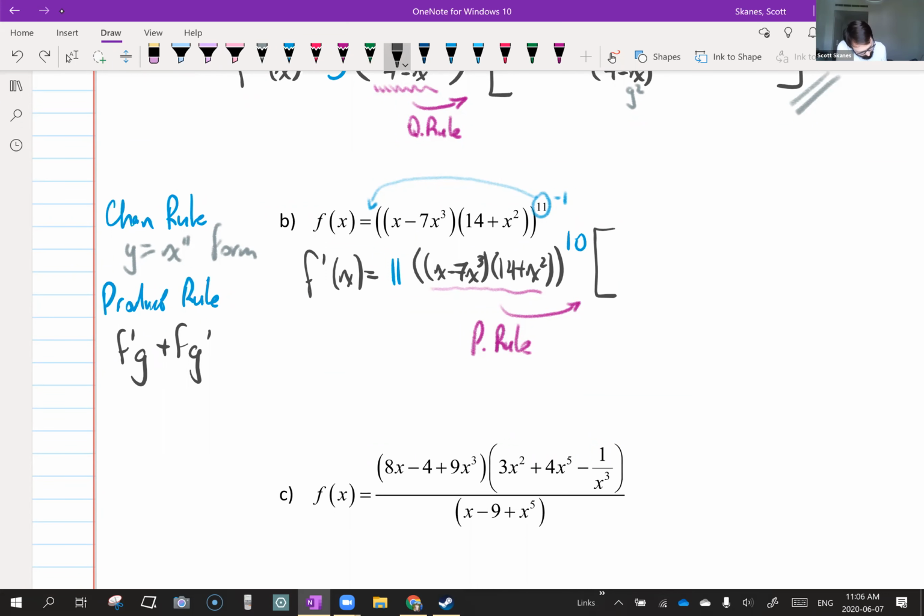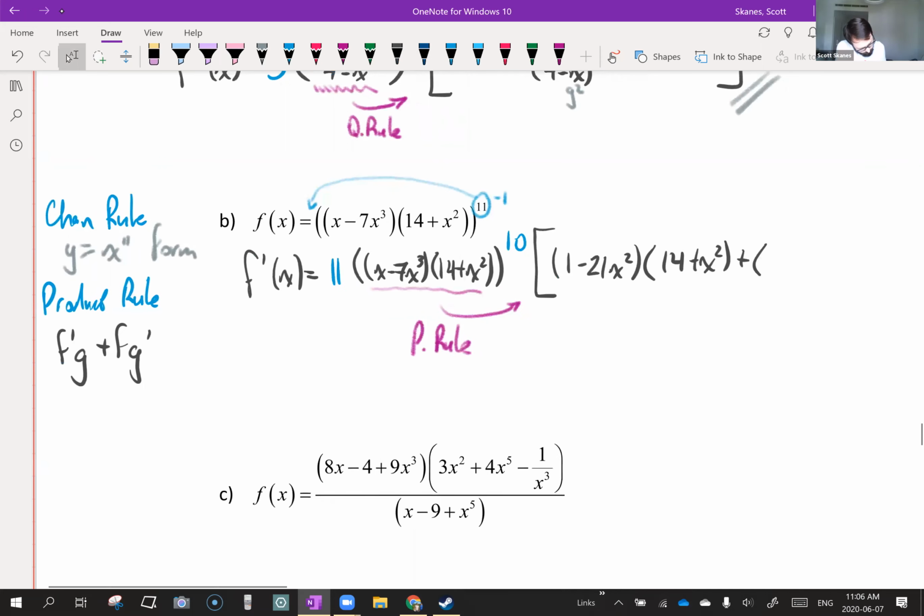So the derivative of the first one is 1 minus 21x squared. Keep the second one the same. Plus the first one, and then the derivative of the second one is 2x.